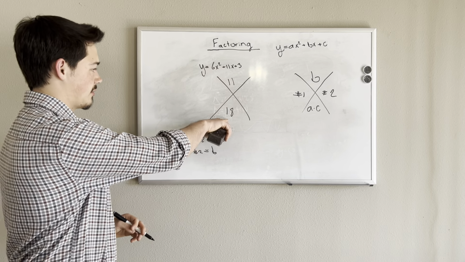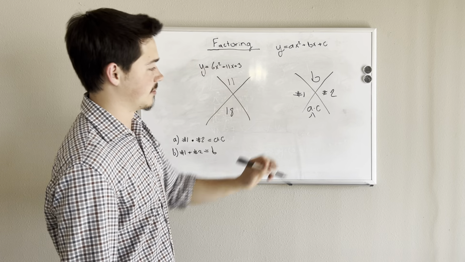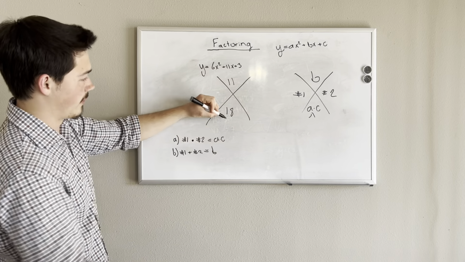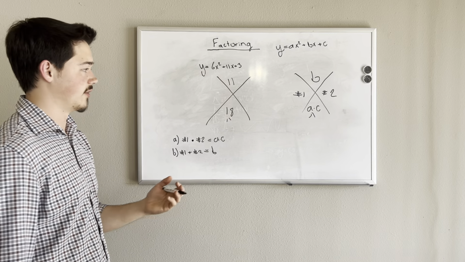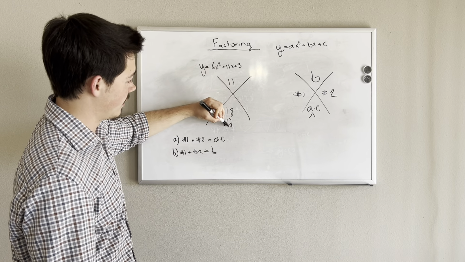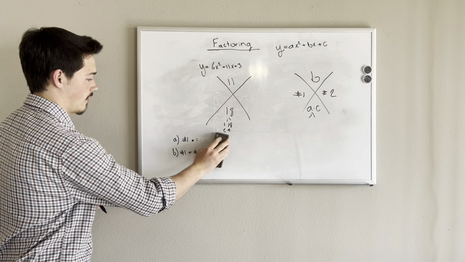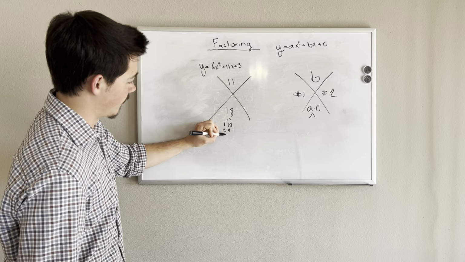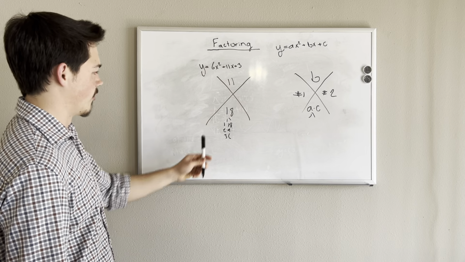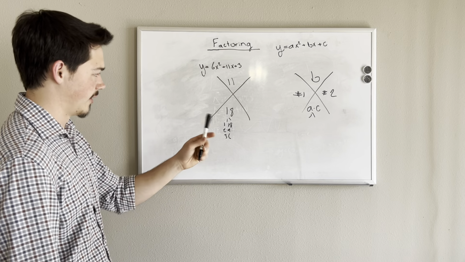And so the easiest way we go about doing this first is we find our factors of a times c. So in our example, we want to find what combinations of numbers will multiply to equal 18. Well, that would be 1 and 18, 2 and 9. I'm going to go ahead and erase these here. 3 and 6. And of course it could be negative 1 and negative 18, negative 2, negative 9, negative 3, negative 6.